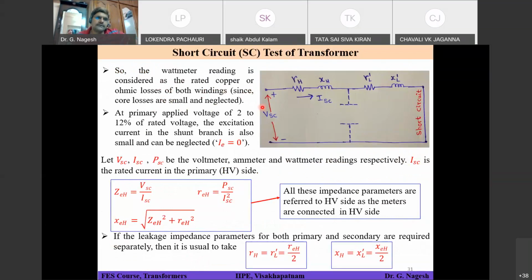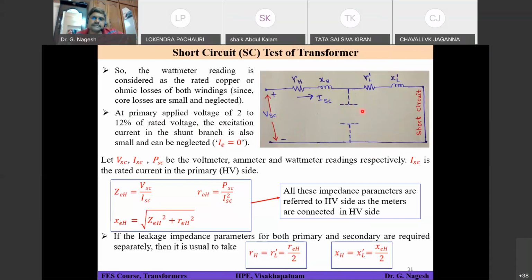At a primary applied voltage of 2 to 12% of the rated voltage, the excitation current in the shunt branch is also small and can be neglected. That means this is the equivalent circuit for the present scenario, the short circuit test. Excitation current is very small, so we are going to neglect it.